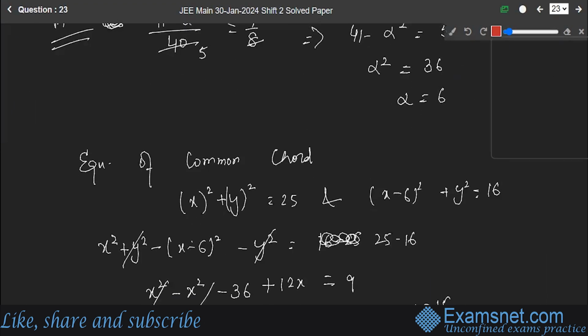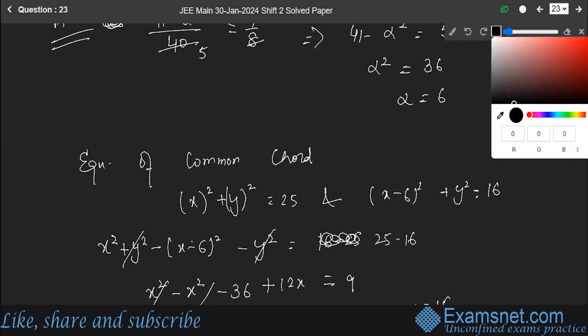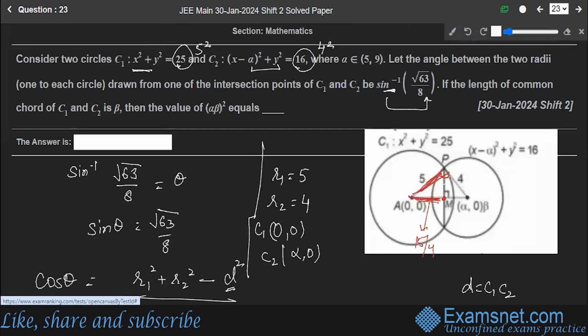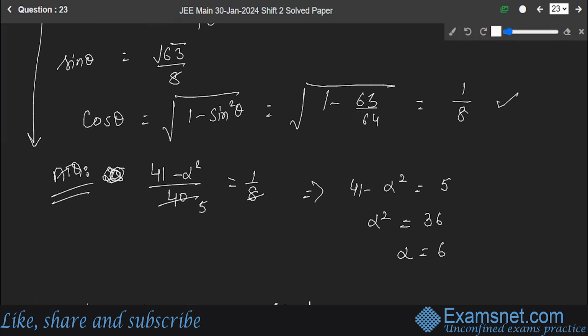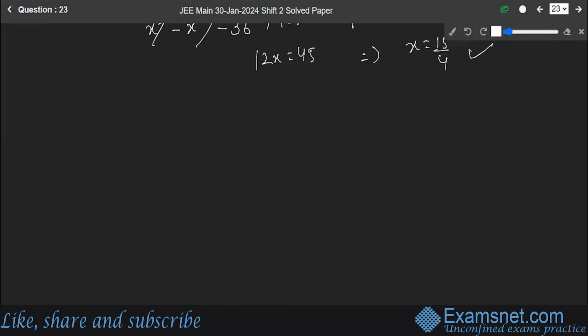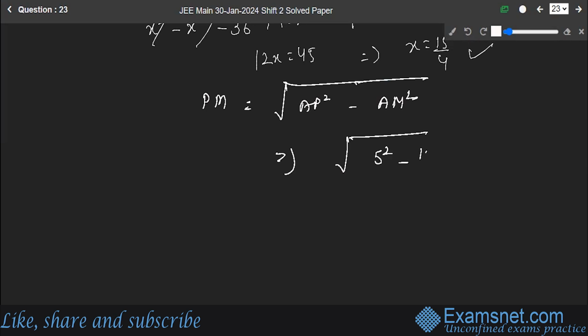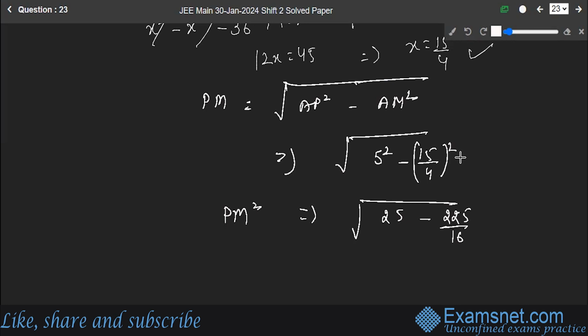PM will be given by root of AP square minus AM square. AP was 5 square minus 15 by 4 whole square. This will give me 25 minus 225 upon 16. Let's say this is PM square for the time being.